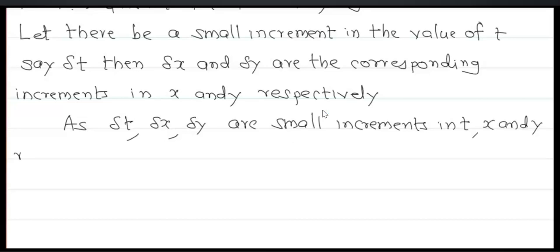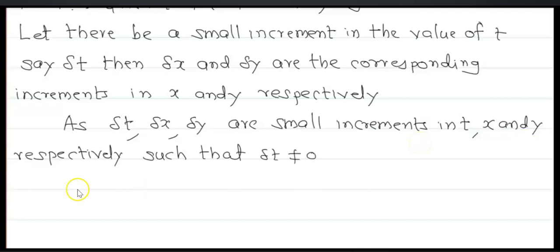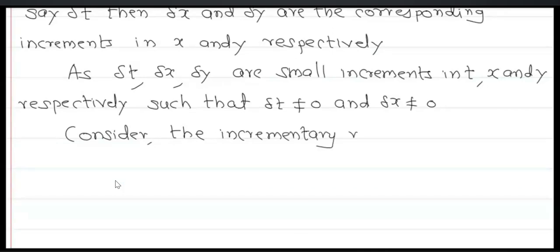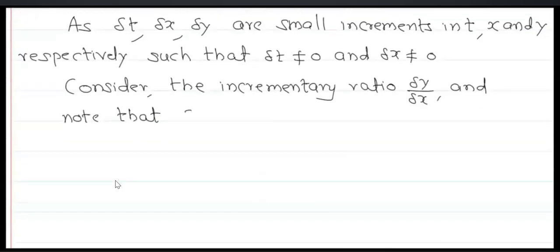As delta t, delta x, delta y are small increments in t, x and y respectively, such that delta t is not equal to 0 and delta x is not equal to 0, consider the incremental ratio delta y upon delta x.